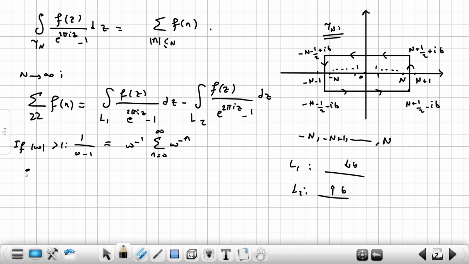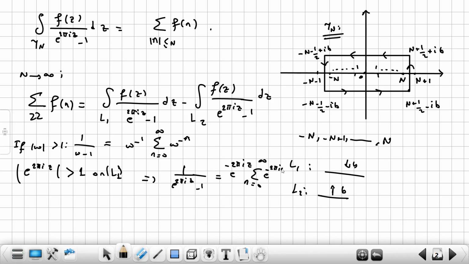And we have that e to the power 2 pi i z in modulus is greater than 1 on L1. Then we conclude that on L1, 1 over e to the power 2 pi i z minus 1 is equal to e to the power minus 2 pi i z multiplied by the summation from n equal to 0 to infinity of e to the power minus 2 pi i n z.